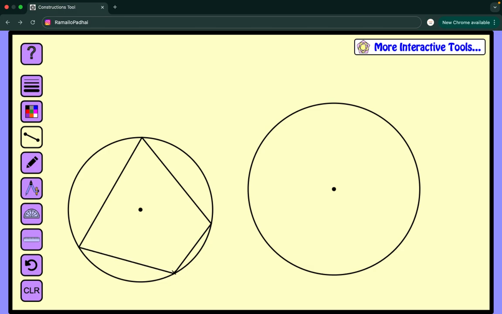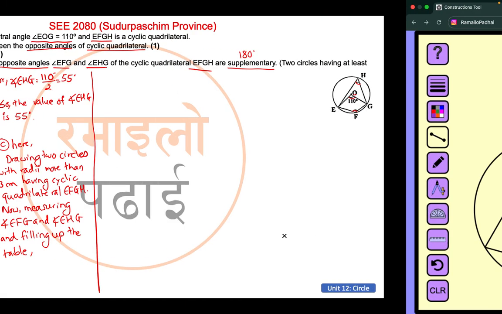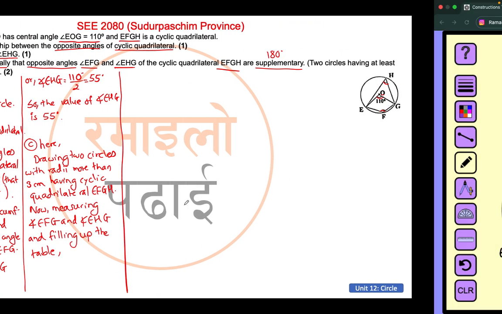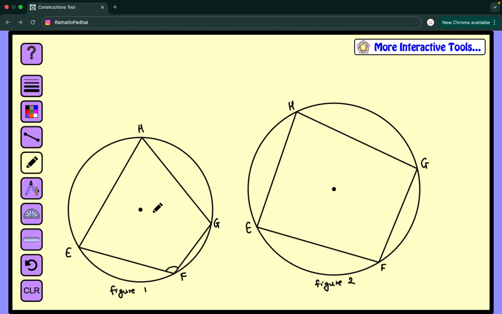Okay, it will be like this, and another will be like this. So the name will be EFGH. This is figure 1 and this is figure 2. Fine. We need to measure angle EFG and EHG. So we need to measure these two angles.